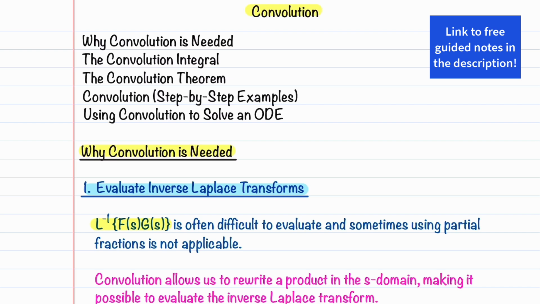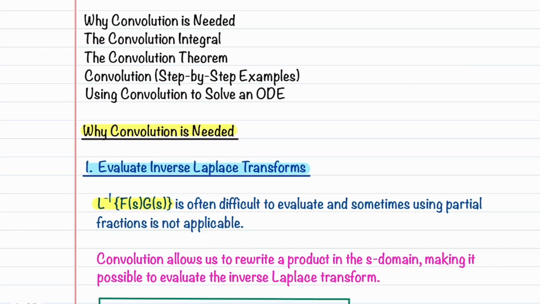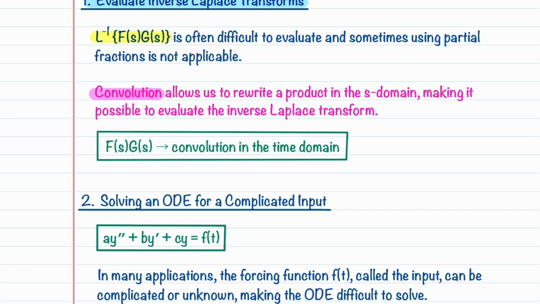This is where convolution comes in. Convolution allows us to rewrite a product in the S domain, making it possible to evaluate the inverse Laplace transform. A product in the S domain corresponds to something called convolution in the time domain.